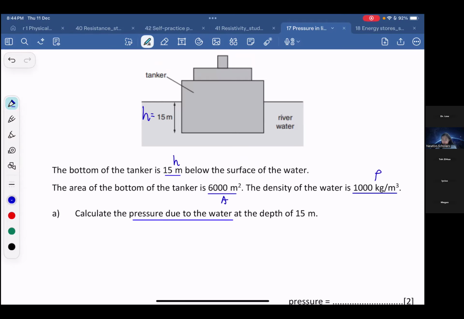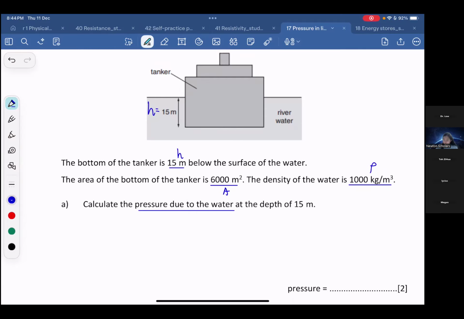Boys and girls, I want to tell you, at this point there is not only pressure due to the water. Let's say at this point, not only water pressure is acting on it, but also atmospheric pressure. Here is the water pressure. So the actual pressure is the atmospheric pressure plus the water pressure.